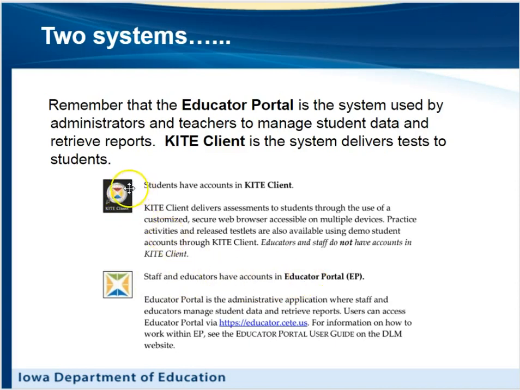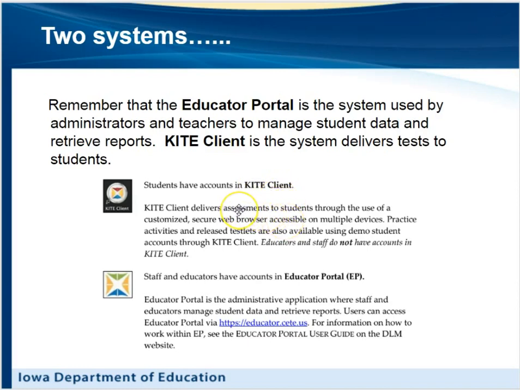Now the Kite client is for students. Students will actually log into the Kite client, which is a piece of software that will deliver the tests to your students. These two systems are communicating. Information is coming from the portal, it's informing the Kite client, but when the time comes for testing, you will actually log in with your student login information and passwords and deliver tests that are specific to them.